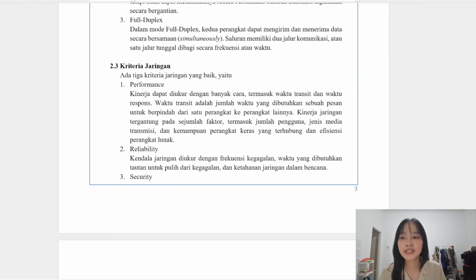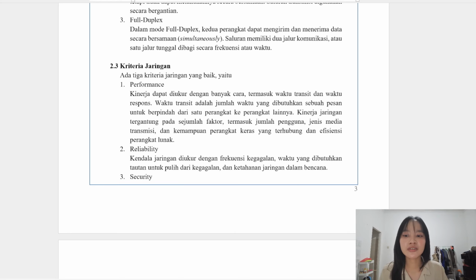And the next material is about network criteria. There are three criteria for a good network, and the first one is performance. Performance can be measured in many ways, including transit time and response time. And number two is reliability.